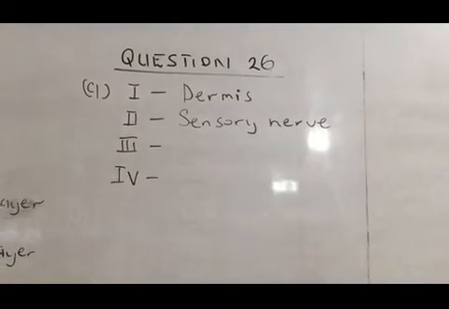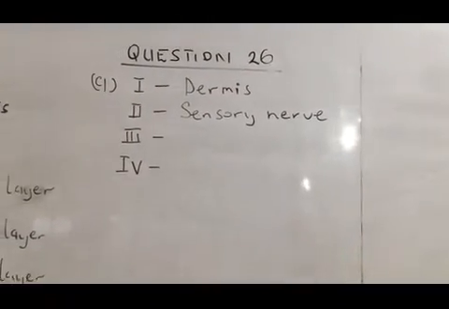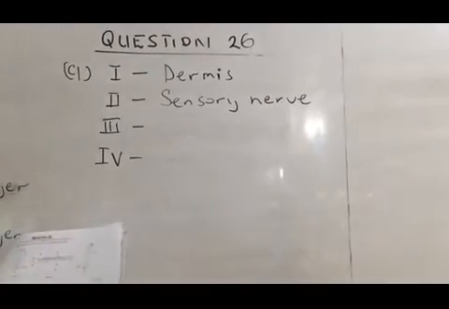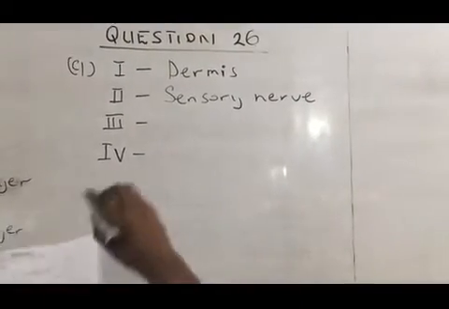Or simply you can just say nerve cell. So, sensory nerve. Then III is the sweat gland.